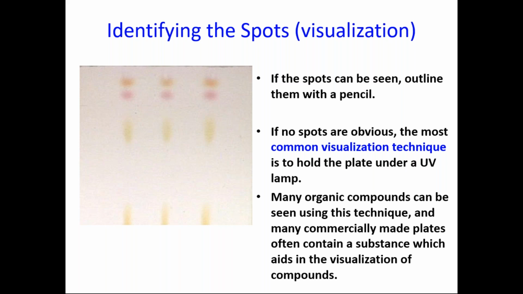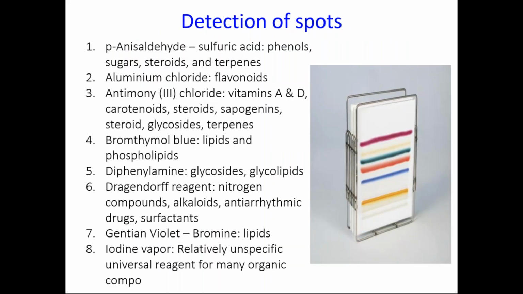Generally, we can expose them to iodine, put the plate into a chamber containing iodine crystals, or you can visualize it under UV, in a UV chamber under a UV lamp, or you can use different reagents for detecting the spots, such as anisaldehyde, aluminum chloride, antimony chloride, bromothymol blue, diphenylamine, Dragendorff reagent, gentian violet, or iodine vapor. So different visualization techniques are available.